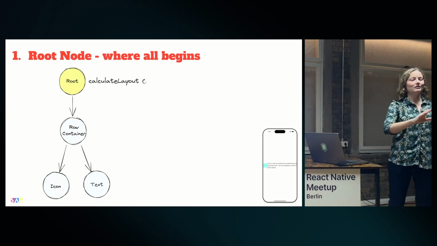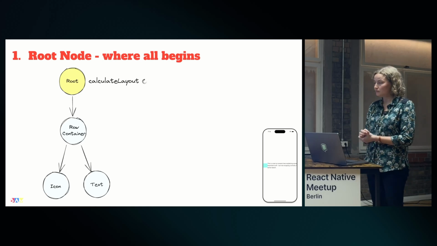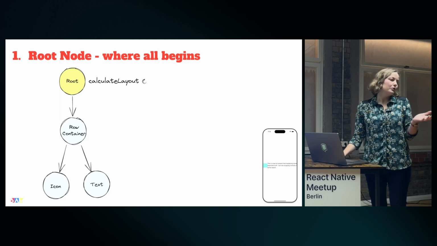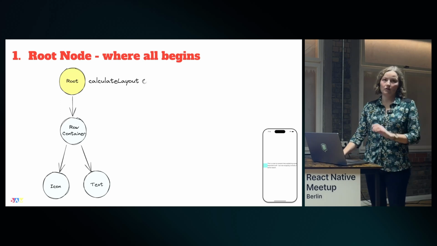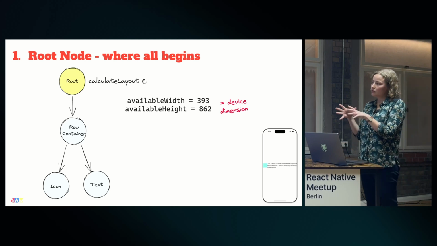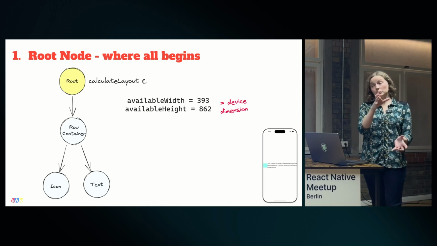Okay, so as I said earlier, everything starts with calculate layout applied to the root node. We call it, obviously, with the node from the native side, and we also call the calculate layout function with available width and available height, the context in which we are measuring.